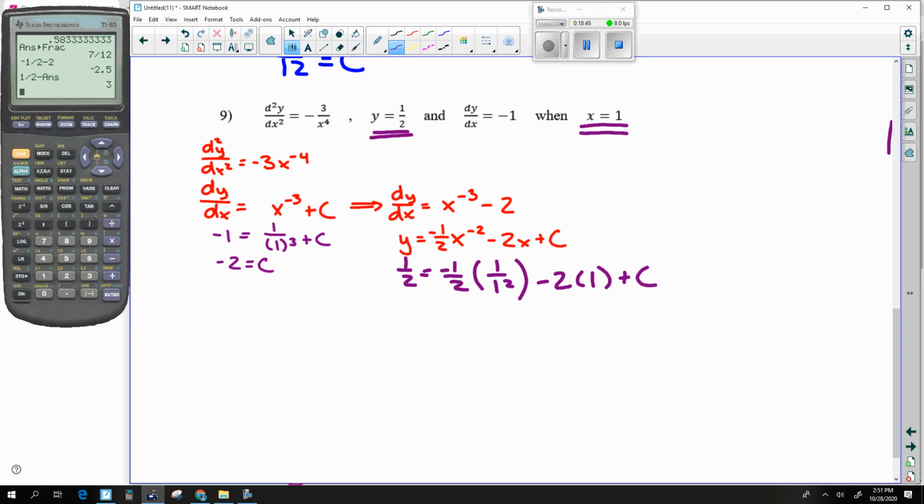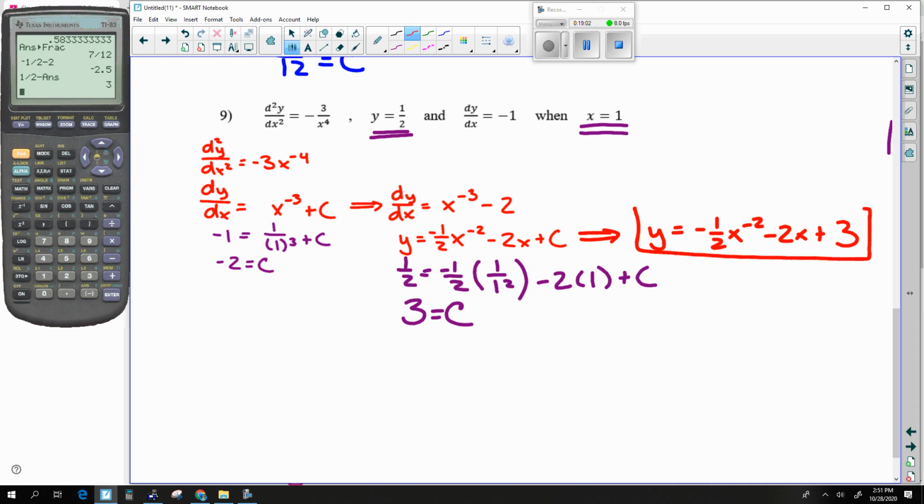So that gets to a perfect 3. So that implies my solution is going to be y is equal to -1/2 x to the -2 minus 2x plus c, which happens to be 3.